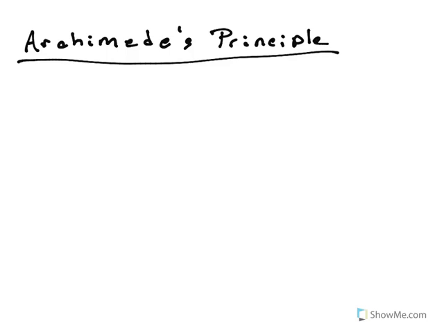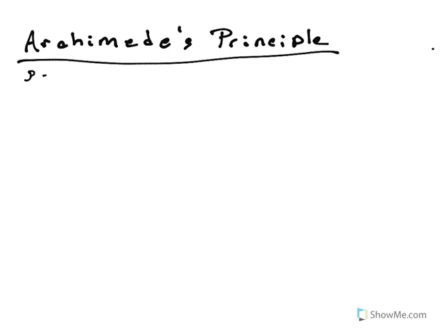All right, so this time we're going to continue talking about fluids, and we're going to talk specifically about Archimedes' principle. So, first thing I want to do is remind you of a couple of things.